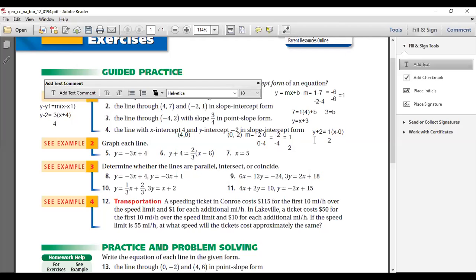Fine, but what you can do here is further simplify this. How are you going to further simplify this? Because when you can simplify to slope-intercept form, you must do it.